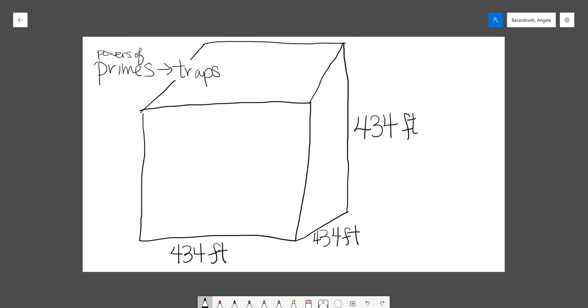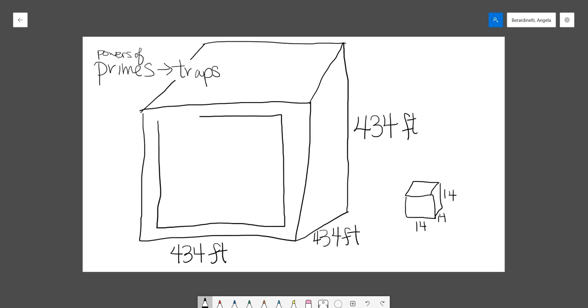And with some quick calculation, Levin determines that each individual room in the cube has dimensions 14 by 14 by 14. And so if you figure out how many 14-foot rooms you can actually fit inside the cube, you get a smaller cube inside of the sarcophagus that kind of looks like this.